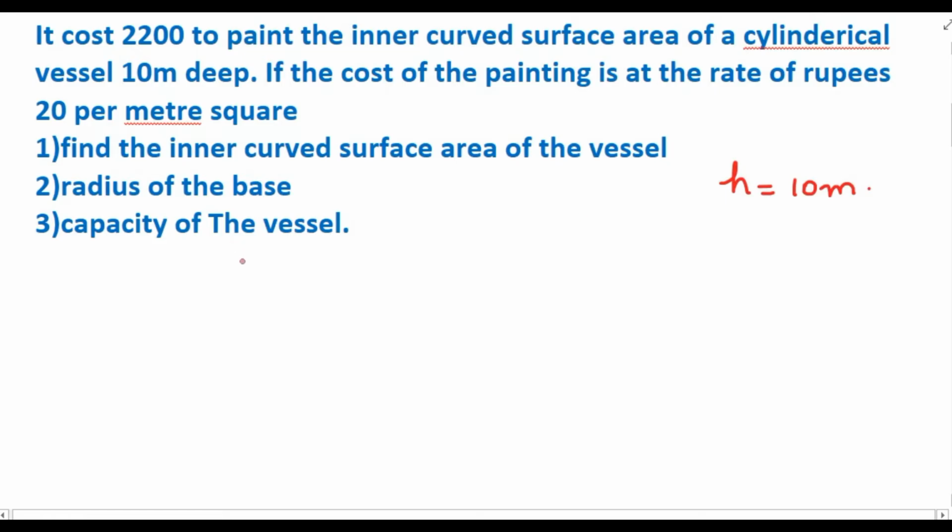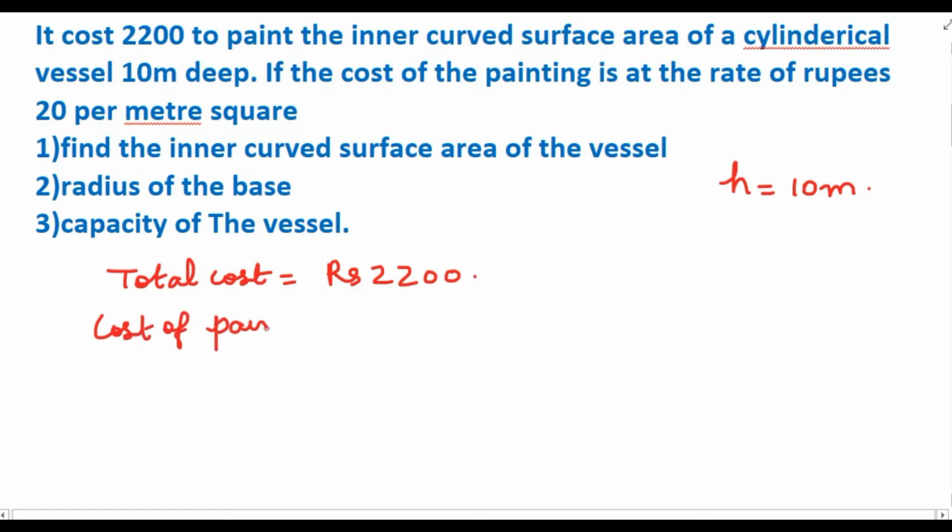So the total cost of painting is rupees 2200, and the cost of painting per meter square is rupees 20.